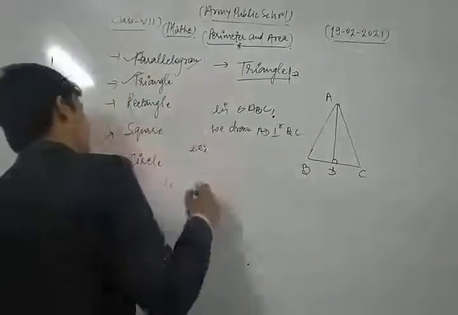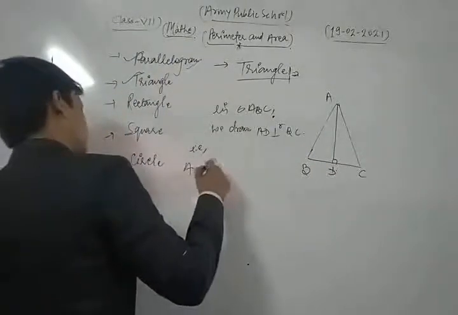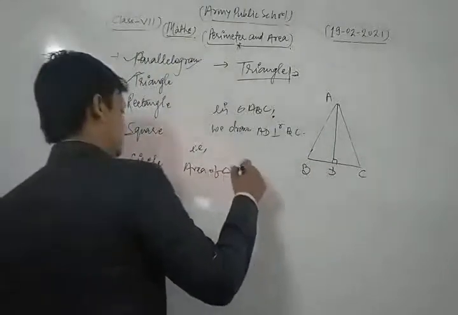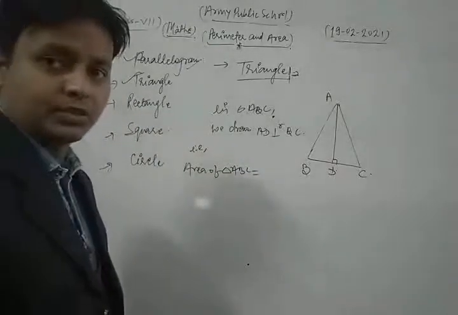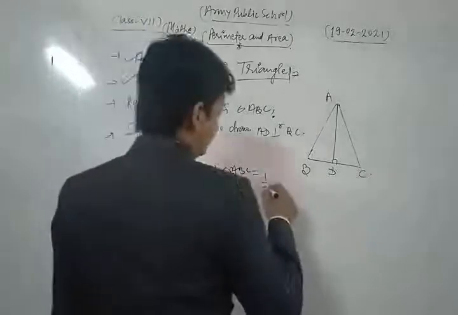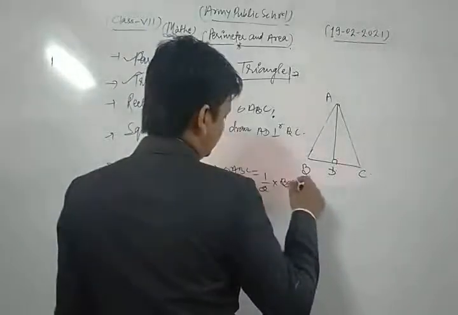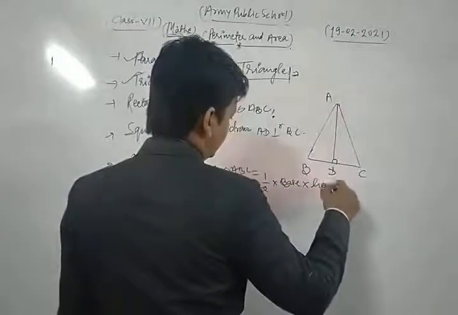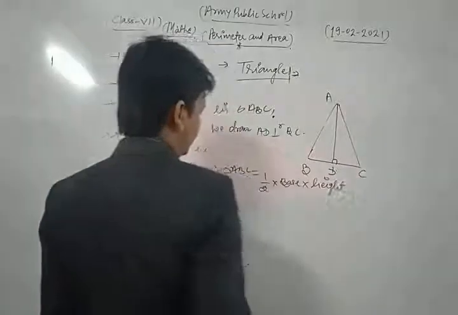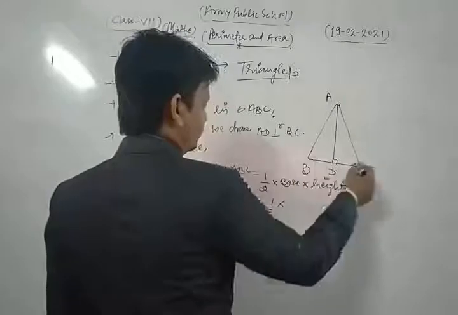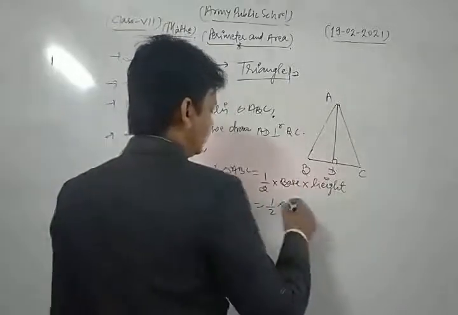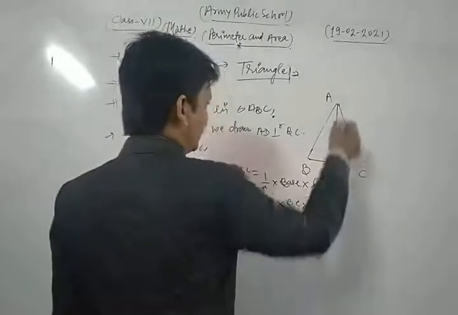That is the formula for area of triangle. The general formula to find the area of triangle ABC is 1 upon 2 into base into height. In that figure, base is BC and the corresponding height is AD.